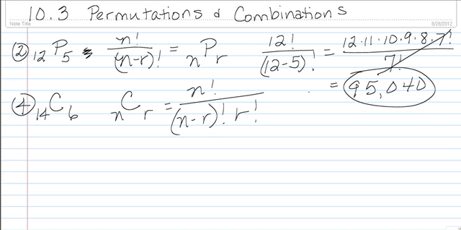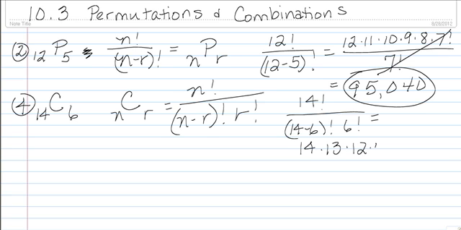So in this case, our n is 14. We'll have 14 minus 6 factorial times 6 factorial. This one's going to be 8, so that's what I'm shooting for. 14, 13, 12, 11, 10, 9, 8 factorial.